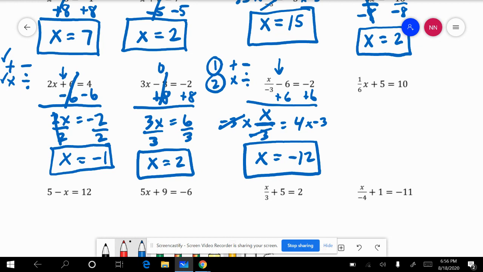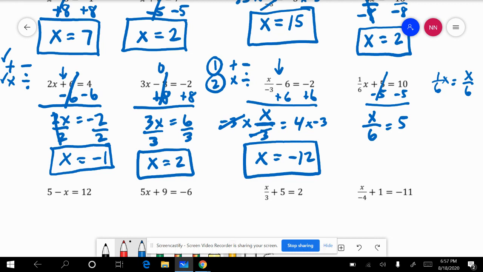Now, looking at the next one, we see positive 5. So we subtract the 5. We get 1/6 x. Now, just a side note, 1/6 x is the same thing as x over 6. So when we subtract, what we have is x over 6 is equal to 5.